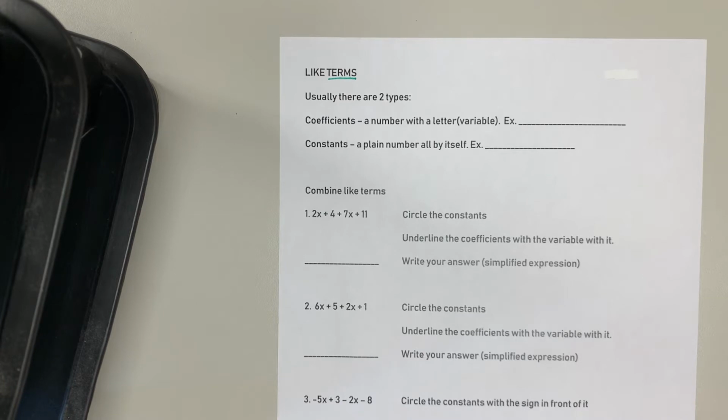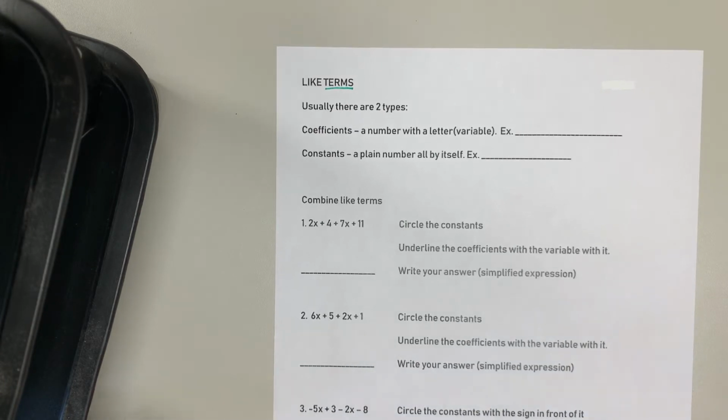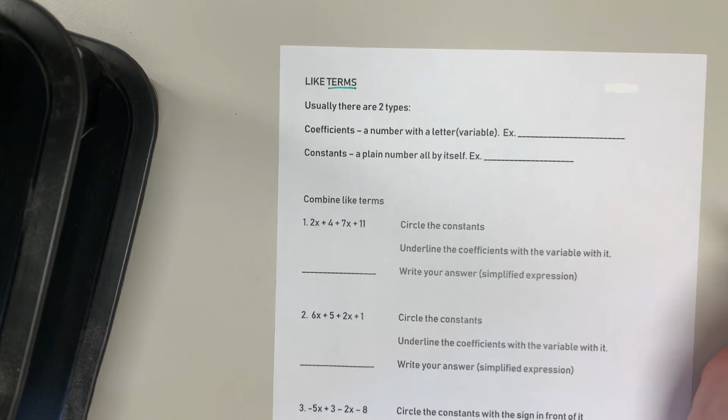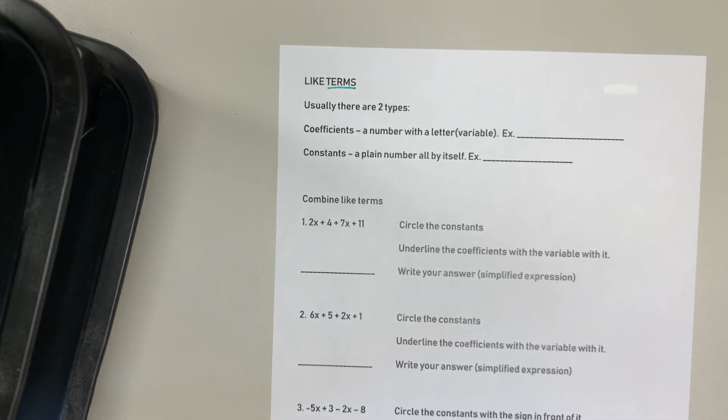So let's go ahead and write an example at the top of our page of a big long expression or an equation, and let's figure out what the terms are in that expression.